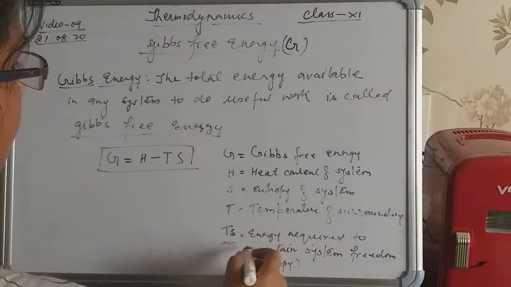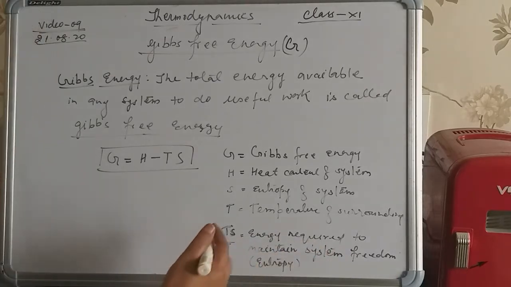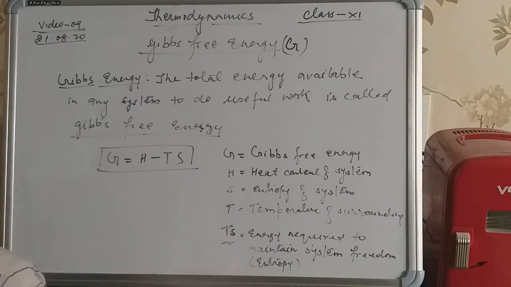So energy required to maintain the system's freedom is entropy. At first we discuss the change in Gibbs free energy.